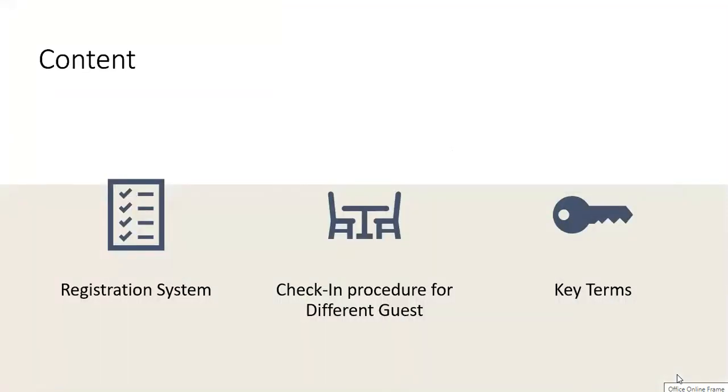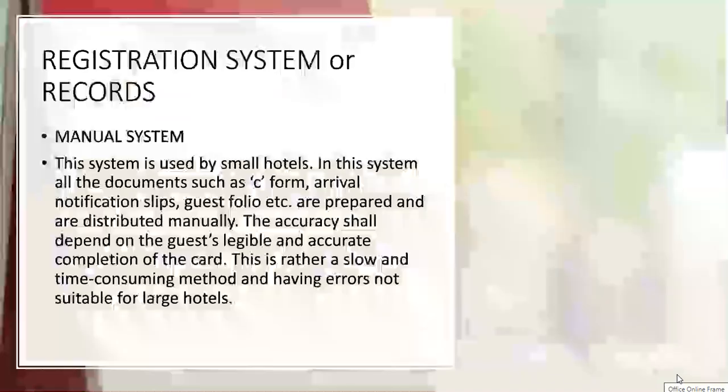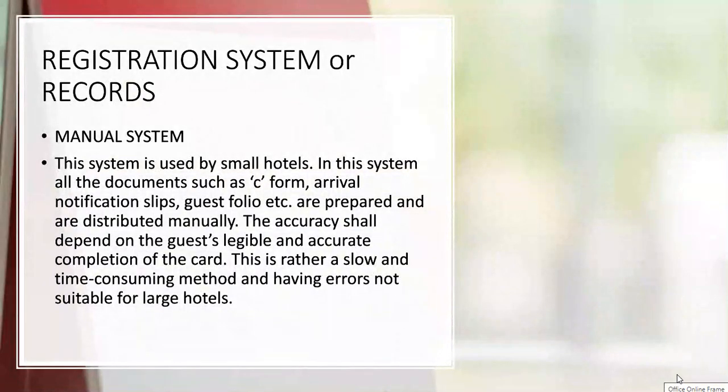The content which we are going to see here today is the different registration systems, different check-in procedures for different guests, and a few key terms we will be learning. The registration system on records, which was used earlier, was the manual, non-automated system. The system was used basically by small hotels.